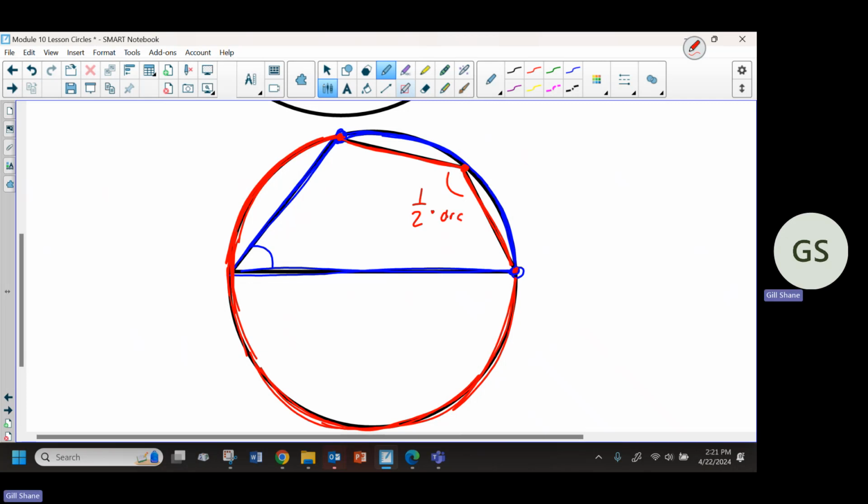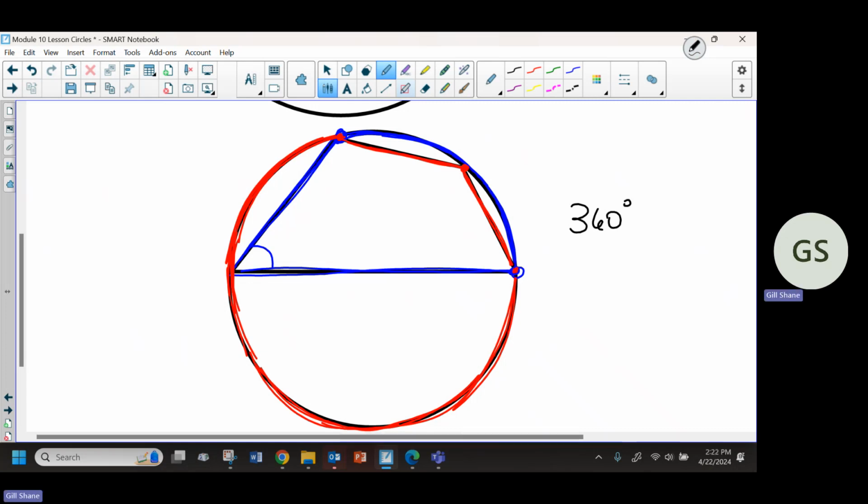Again, that's just going back to inscribed angles. Well, if you'll notice, my arcs cover the whole circle. The blue arc and this big red arc take up the whole circle. So I know the arcs have a total of 360 degrees.